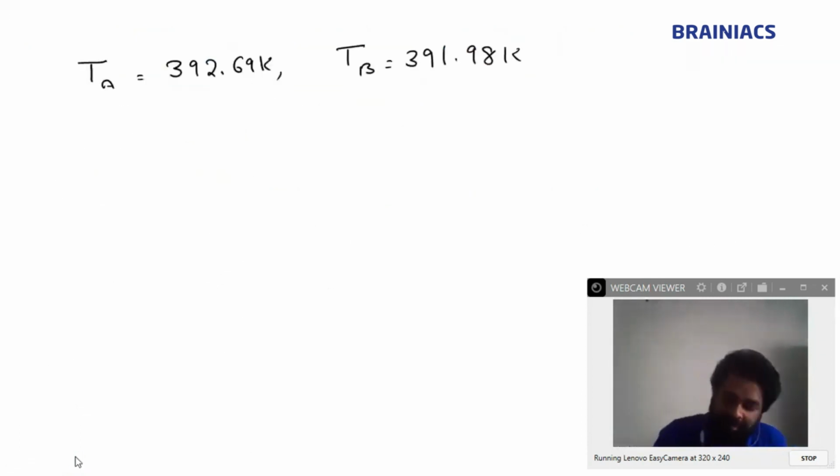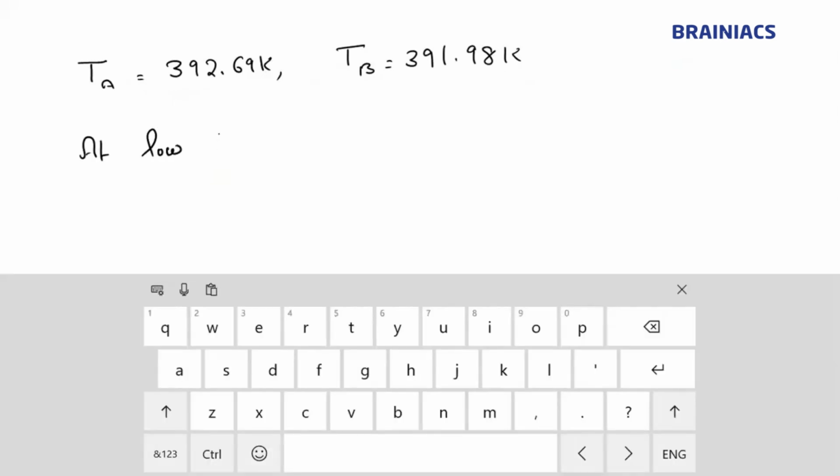So the deviation is because at low temperature and high pressure, the gases will not obey the ideal gas equation completely.